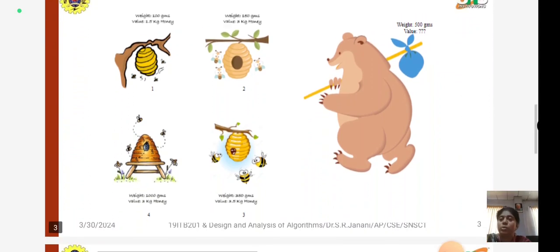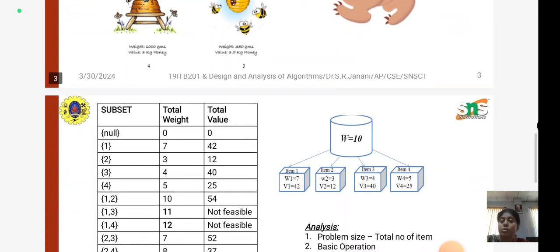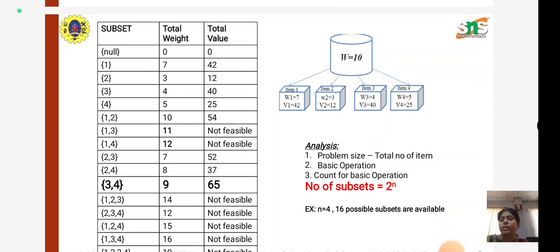Directly we will go into the sum. Here one person is carrying the weight, and it checks how many weights we can take. So here is an example problem for the knapsack algorithm. The total capacity is 10.